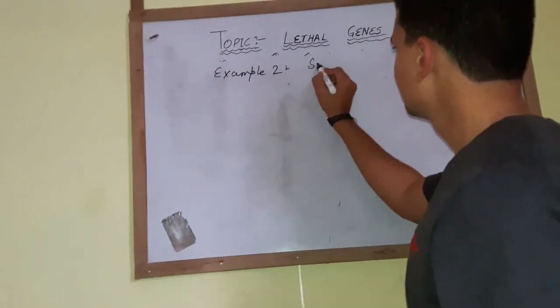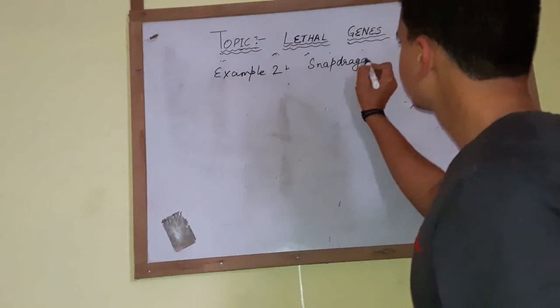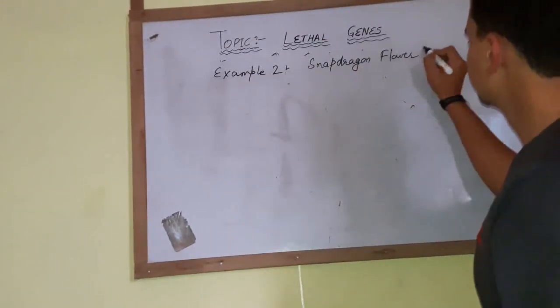But that is a disease. We must take another example, say Antirrhinum, the snapdragon flower plant, right?